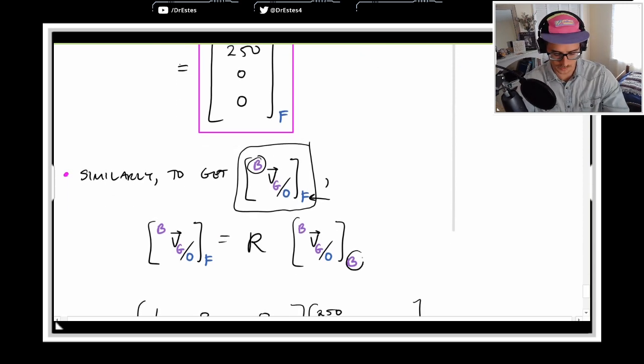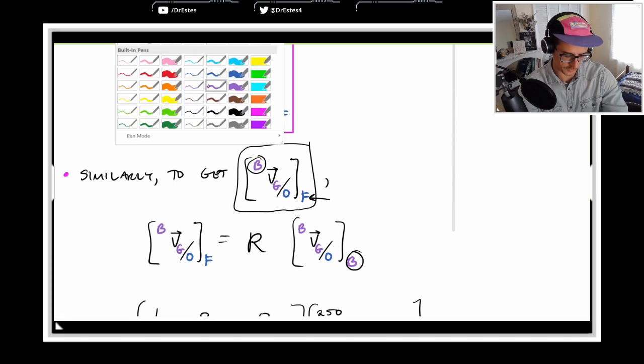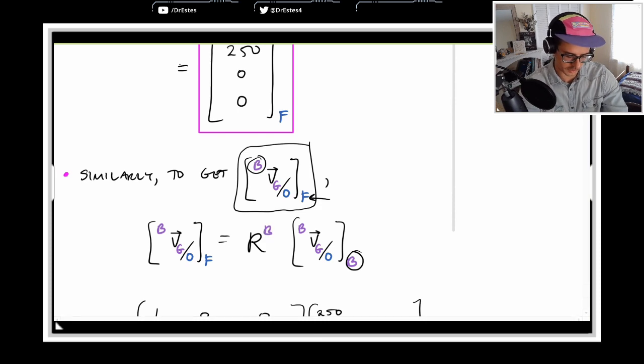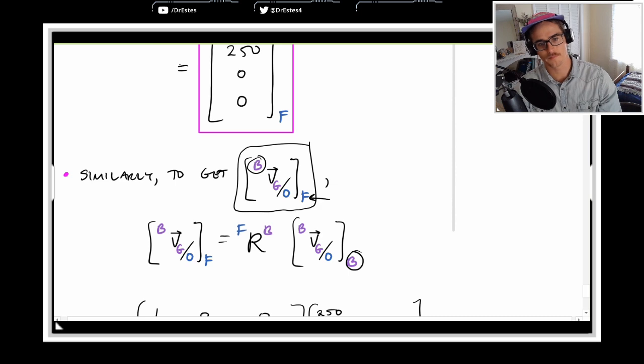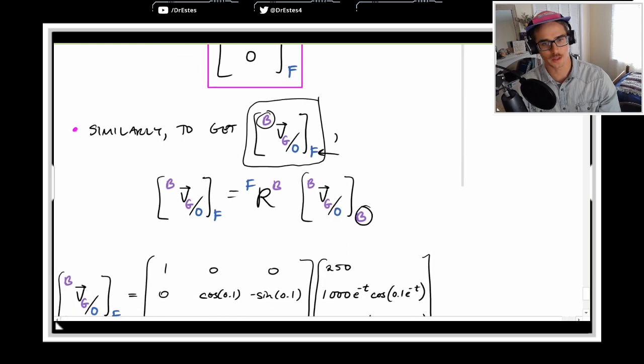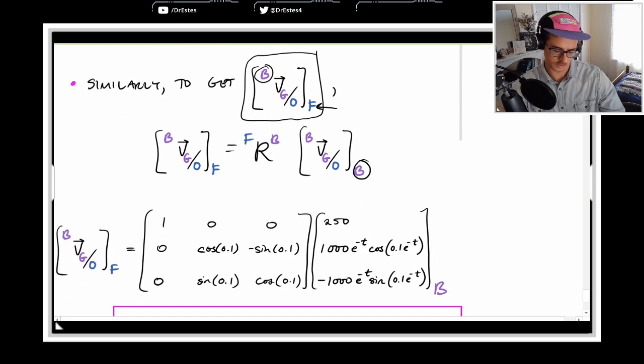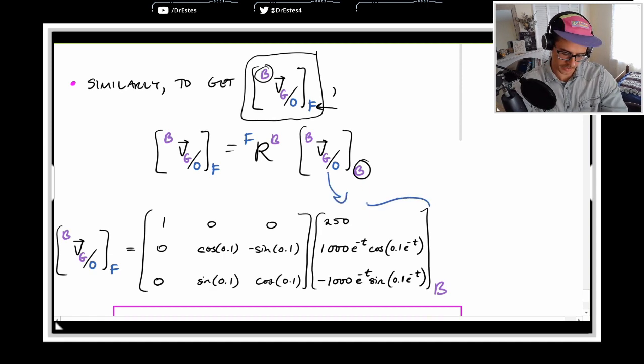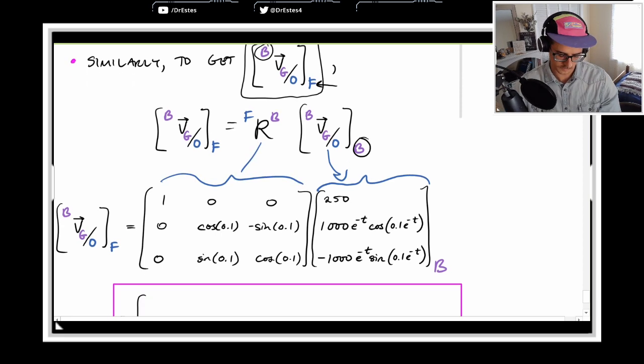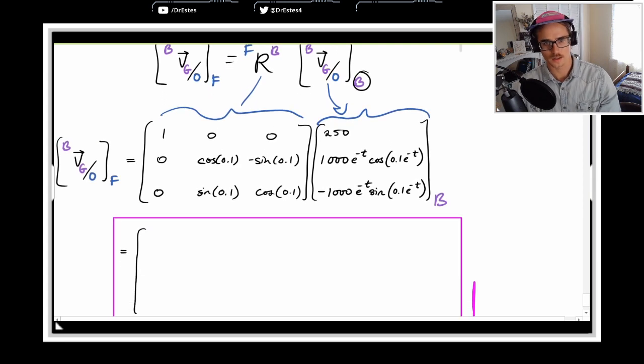If I have it with respect to the B frame, then I just need to do the rotation matrix from B to F, multiply that out, and then I'll get it in the F frame. So I already took the liberty of taking that matrix that we already got, and then this rotation matrix. Let's just multiply that out.